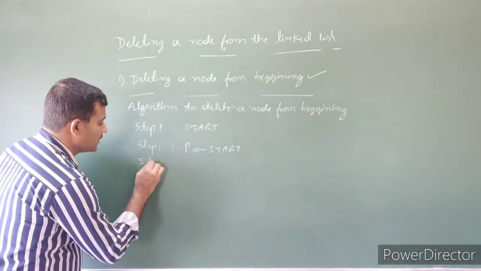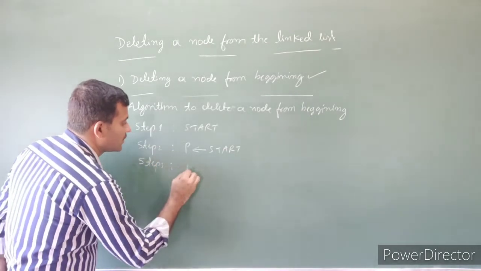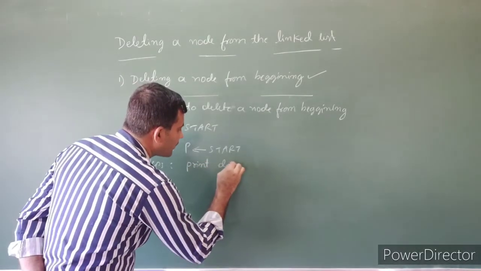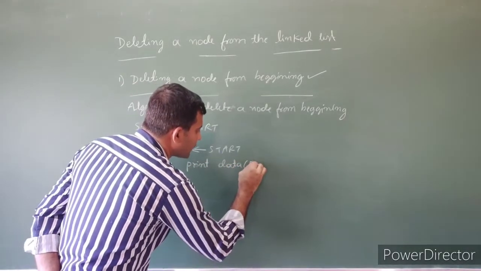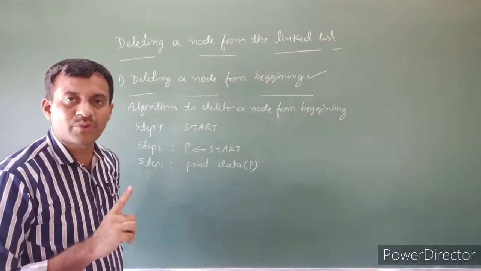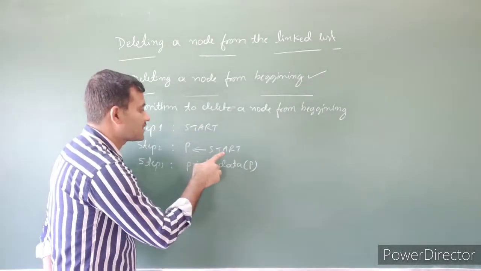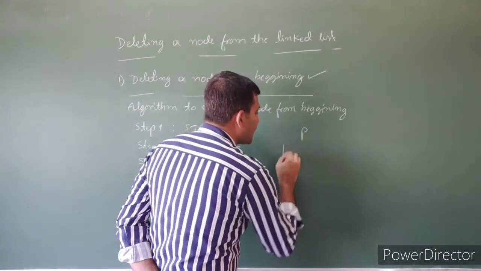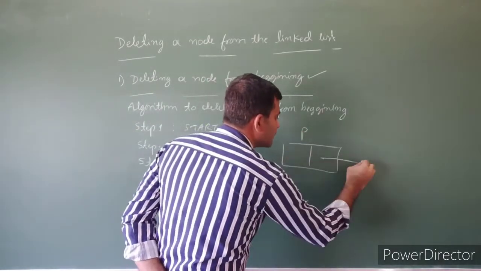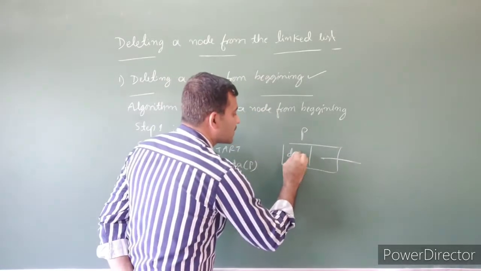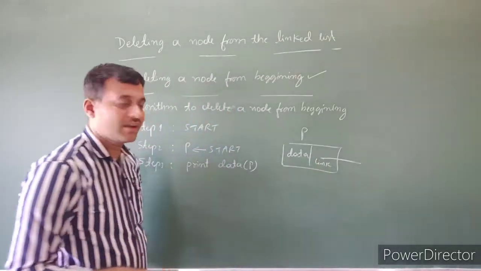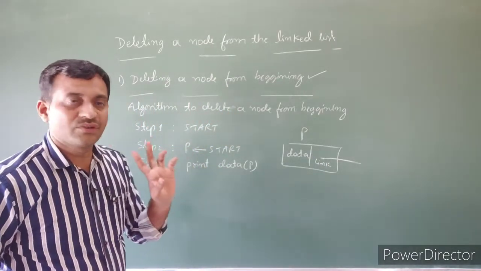In step 3, print data part of p. Here p is a temporary node. We store the address of the first node to the temporary node. Then p has two parts: one is the data part, another one is the link part. Here p refers to the first node.